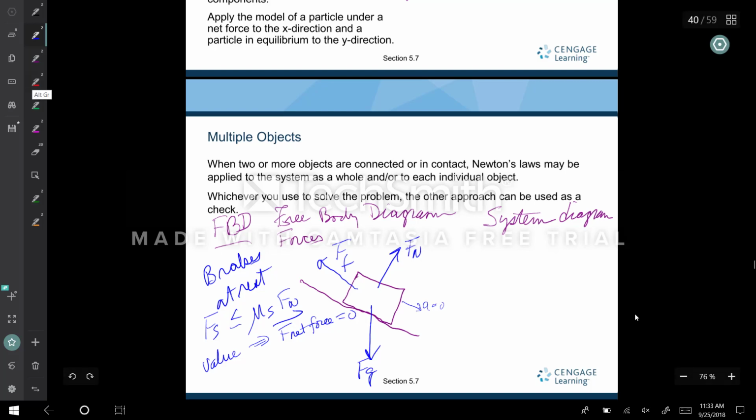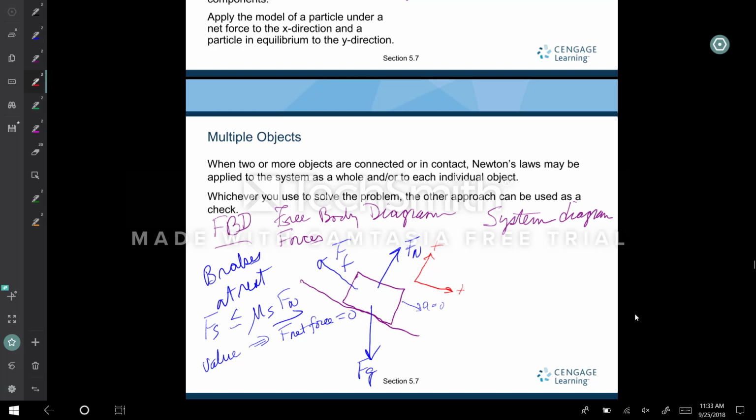So here's our coordinate system. Always put one axis in the direction of the assumed acceleration direction and the other perpendicular to it. That makes the math doable.